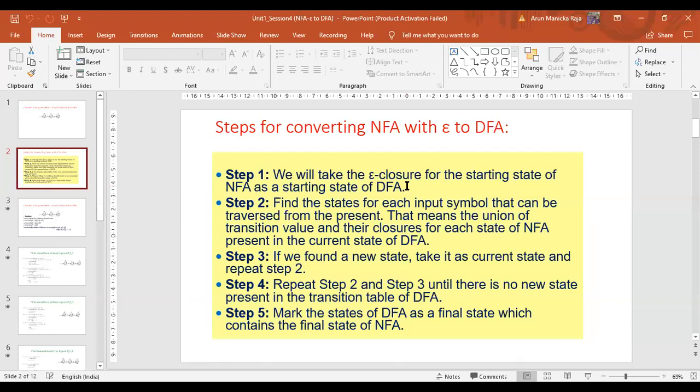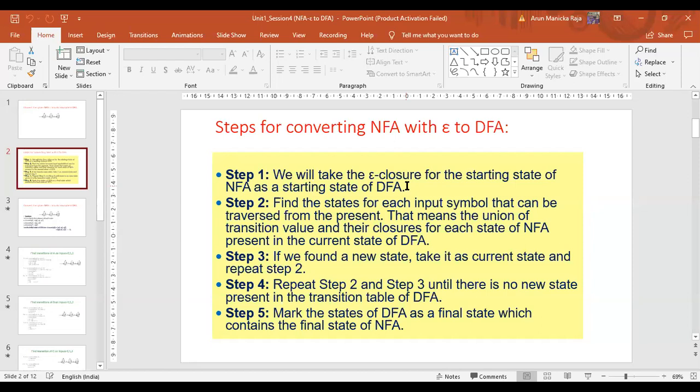But here the difference is that we are not taking just the initial state of the input; we are taking the epsilon closure of the initial state of the input problem, and that is the initial state for the DFA.